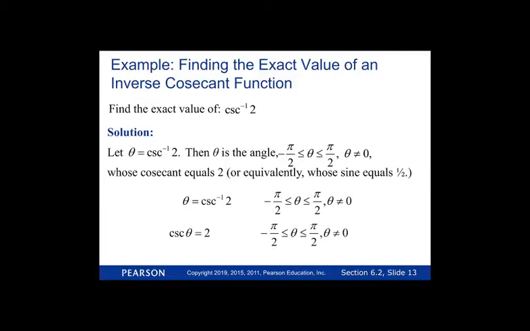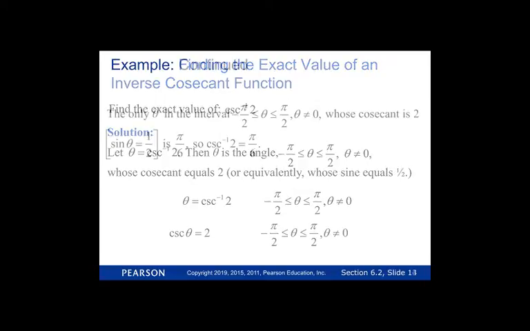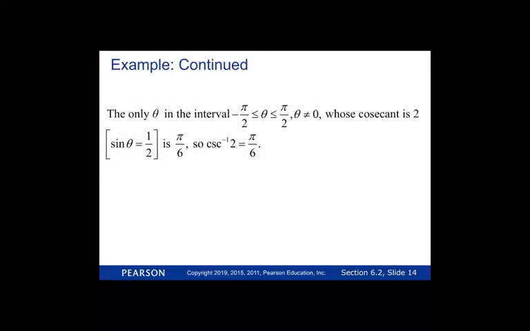So cosecant of the angle is 2. The only theta in this interval. Oh yeah, we said that already. Okay, so we're gonna let that be.